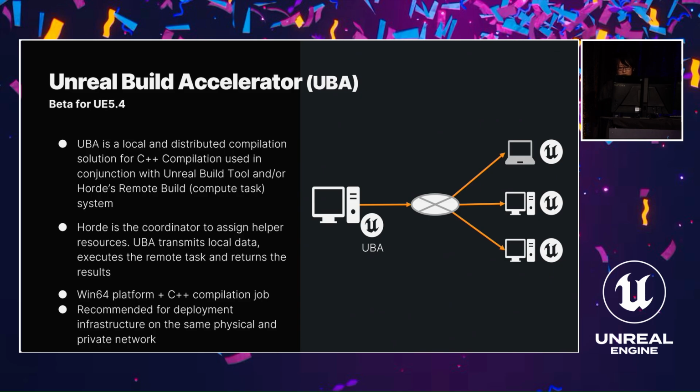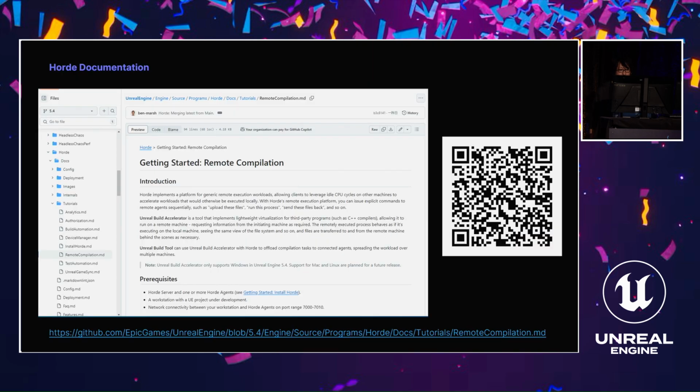It can currently control C++ compilation and jobs on the Windows platform. Mac and Linux platforms are not yet supported. It is limited to distributing tasks on the same physical and private network. There's also documentation on GitHub on how to use UBA. This is a good place to start if you are new to UBA.